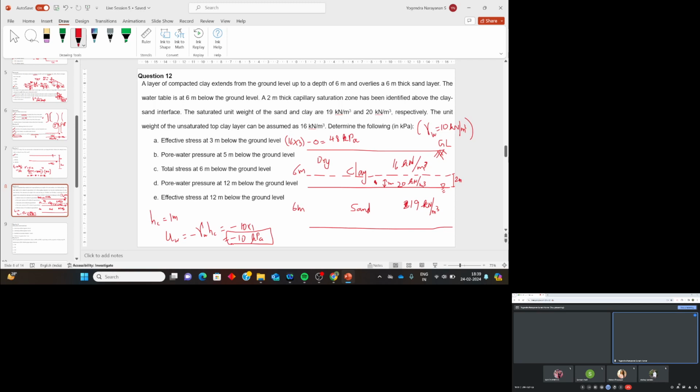So now moving on to the next question. Total stress at 6 meter below the ground level. Please compute the answer and let me know. And if you are facing any difficulties, also please let me know.